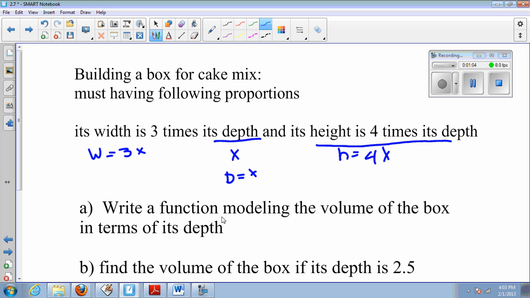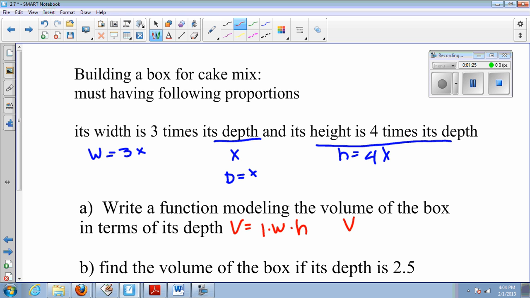So we're going to write a function modeling the volume of the box in terms of its depth. So volume of a box, volume in general of a rectangular prism is length times width times height.